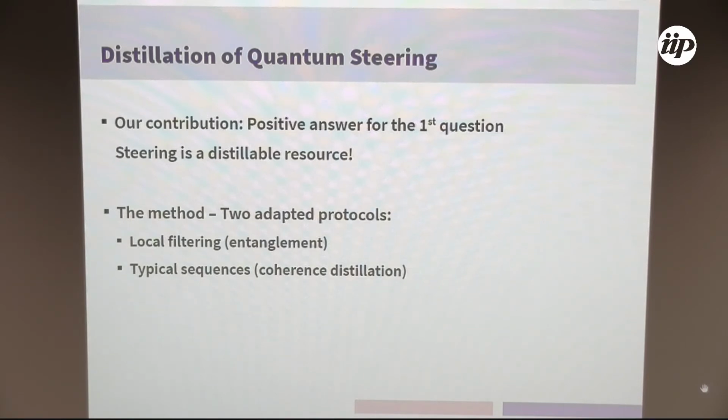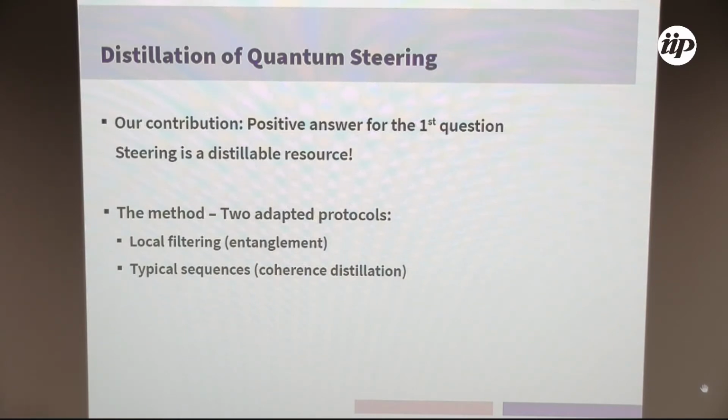So if I get multiple copies of weakly related systems, I can concentrate these correlations onto fewer systems. So I can, in a sense, revert degradation of the correlation by consuming some of the copies of the system.